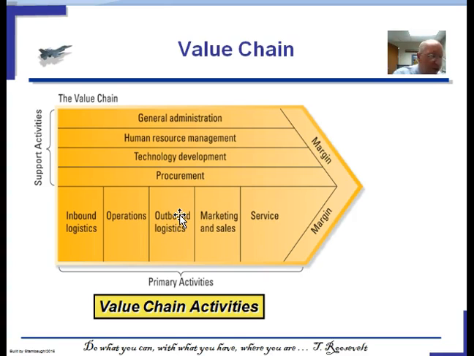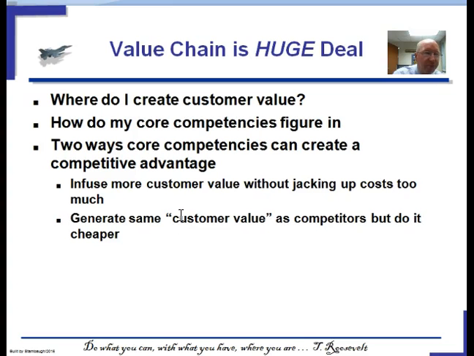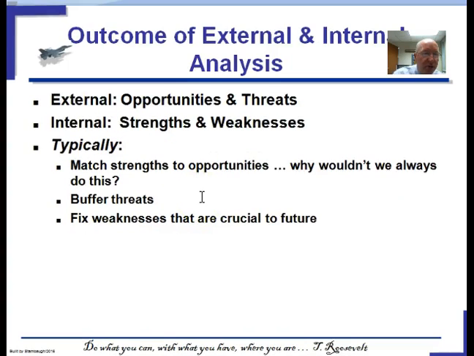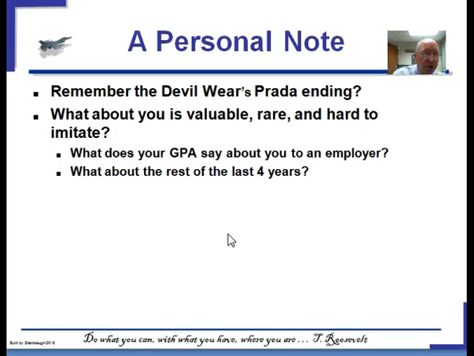Well, I say one or two questions about the value chain. And again, they're not so much just spit it back at me as it is understanding. Outsourcing and why companies would want to outsource and why it could work well is one or two questions. And then this idea of how putting it all together, what do you do when you get the external and the internal analysis, and what is it useful for?